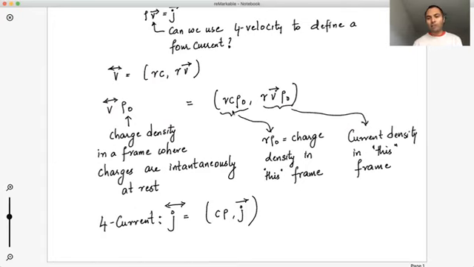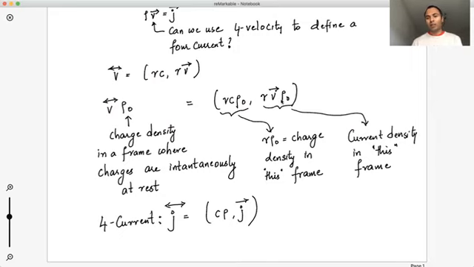In that frame, one of the length axes is going to Lorentz contract by a factor gamma. The other two axes are not going to undergo contraction. So the charge per unit volume is going to be gamma times rho naught, where rho naught is the charge density in the rest frame of the charges. So gamma times rho naught is just the charge density in the frame in which you're defining the four vector.